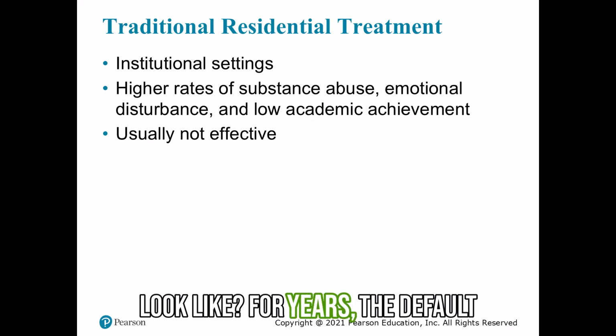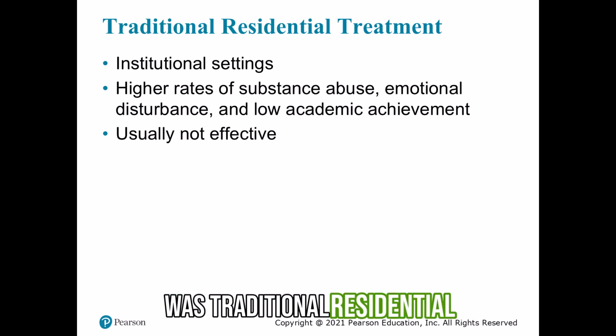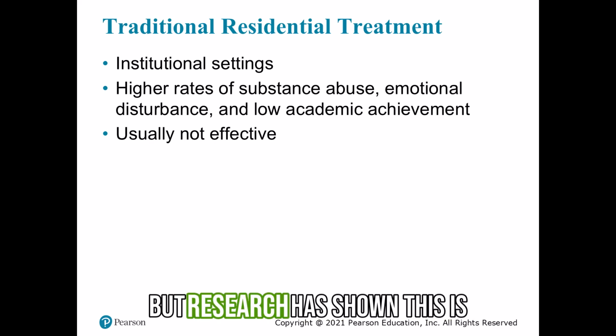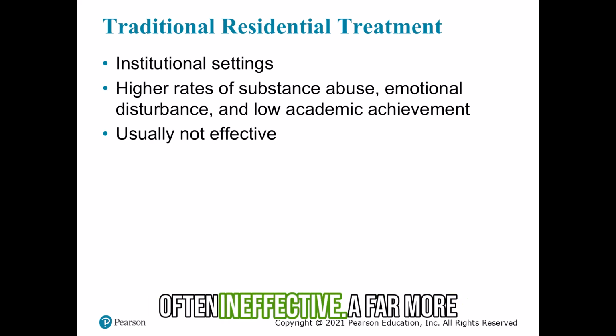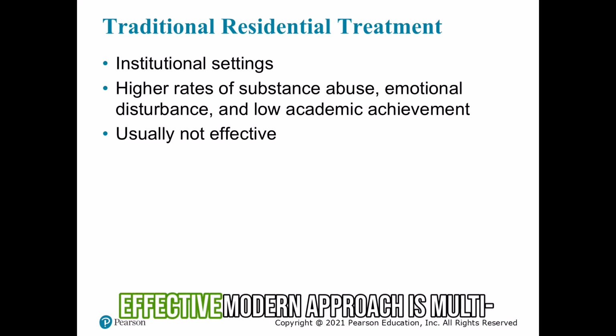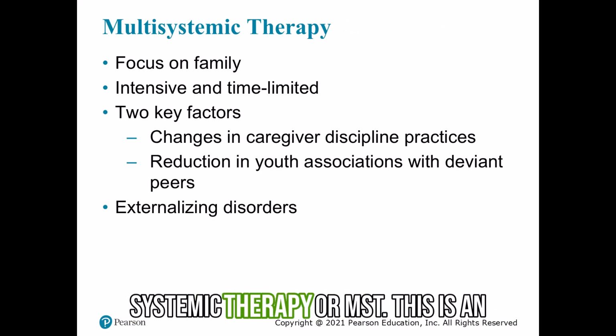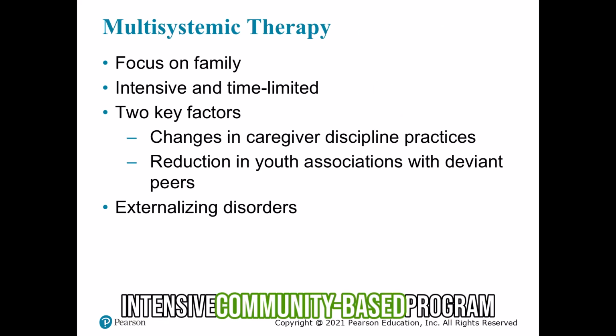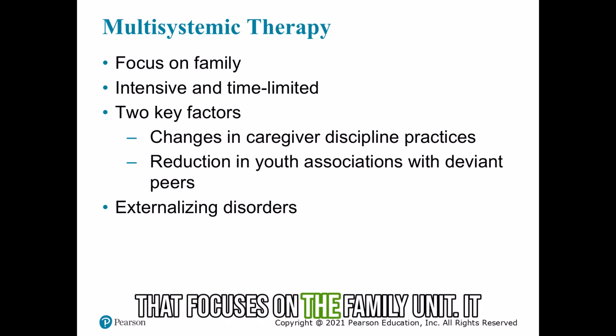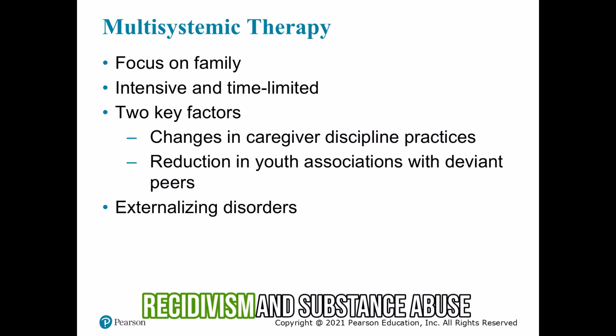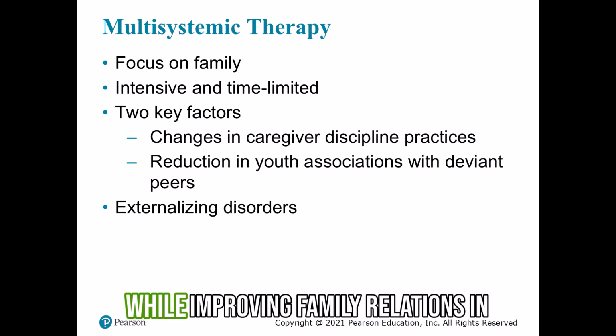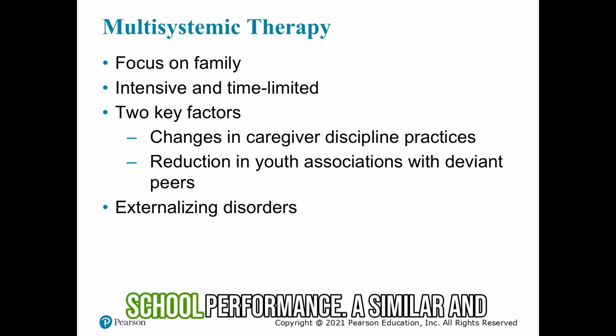So what does effective treatment look like? For years, the default was traditional residential treatment, but research has shown this is often ineffective. A far more effective modern approach is multisystemic therapy, or MST. This is an intensive community-based program that focuses on the family unit. It has been proven to reduce recidivism and substance abuse while improving family relations and school performance.